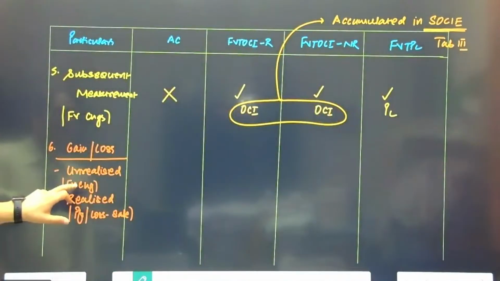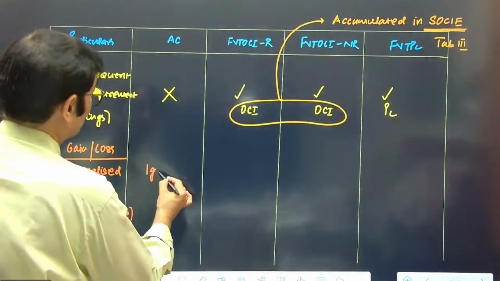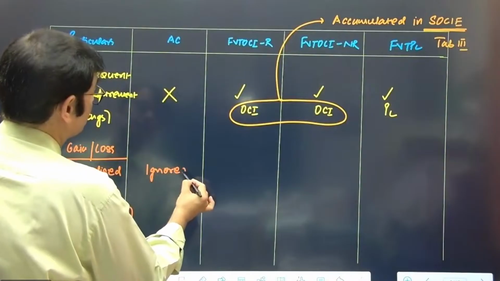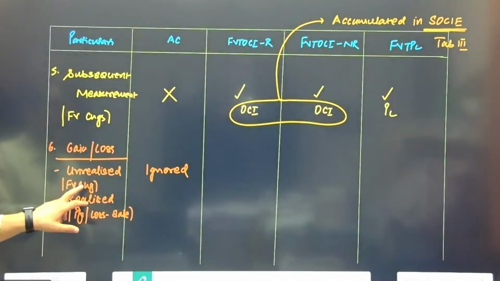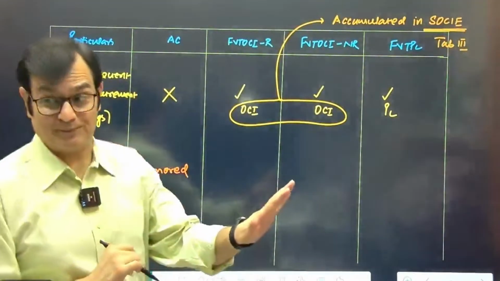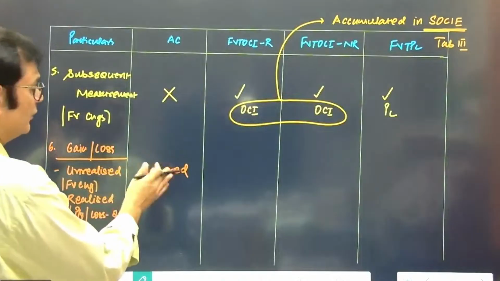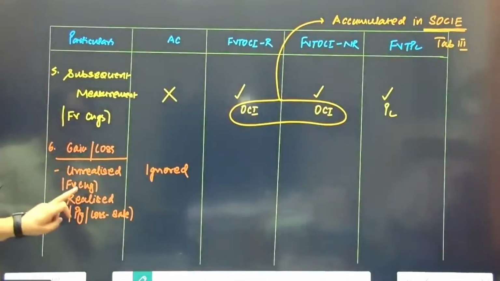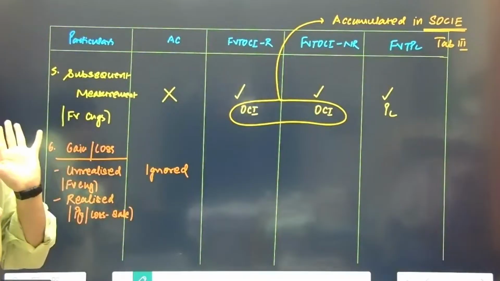So where do you take the unrealized fair value change? P&L? No, no, no. It is ignored because we do not capture the fair value changes in AC. So unrealized gains, that is fair value changes, are not captured in AC. It's not applicable, so ignored. What about the realized gain or loss? When you sell, you get a profit or loss on sale.